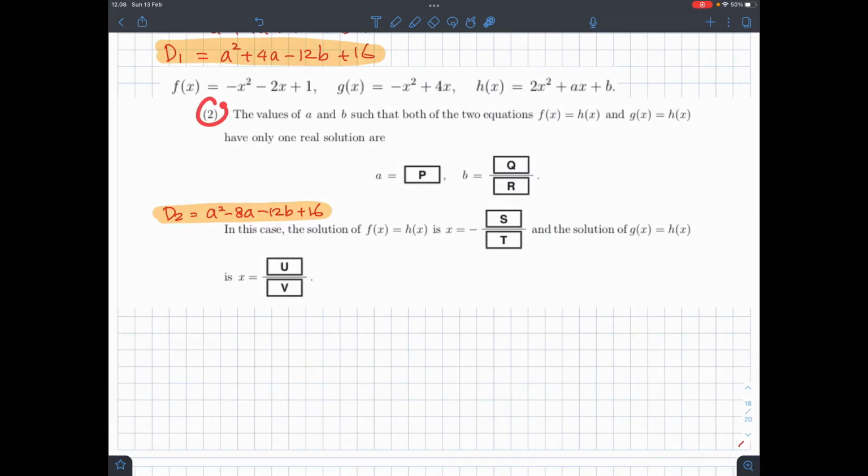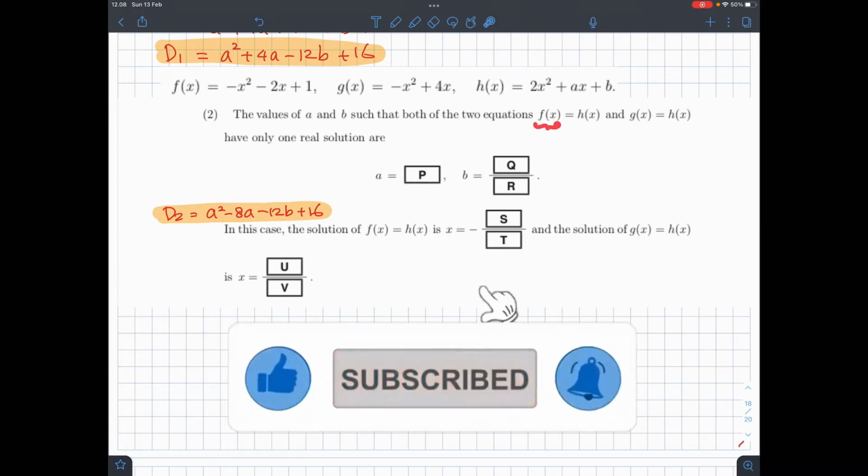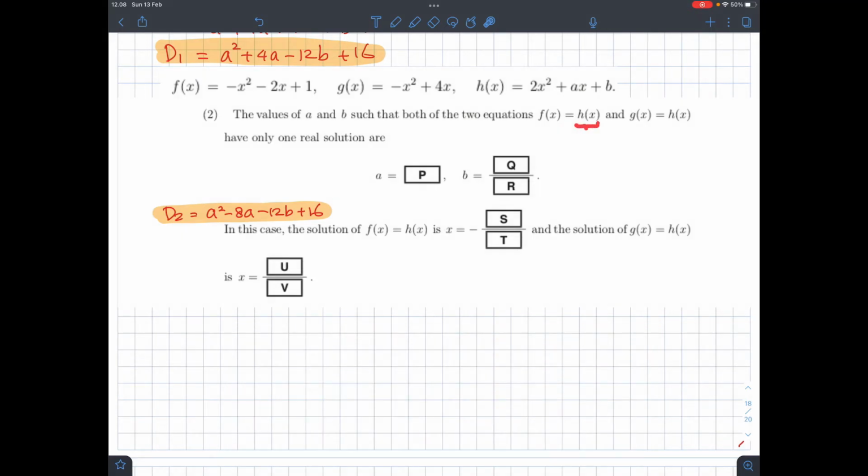Okay, let's do the second part. The value of a and b such that both equations, fx equal hx and gx equal hx, have only one real solution.